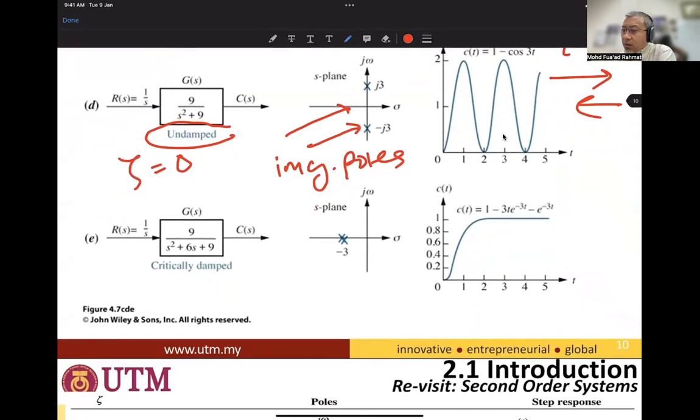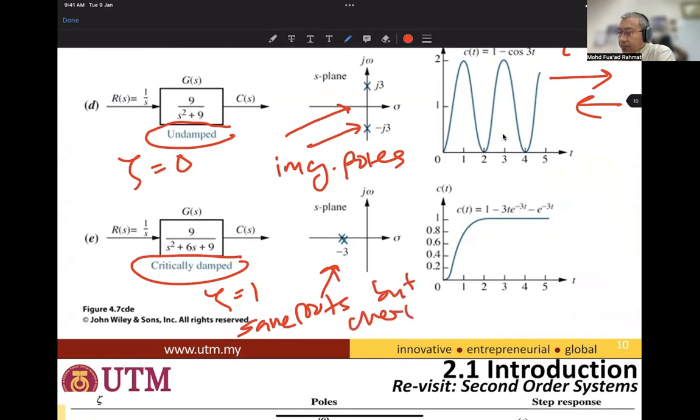And then critically damped is when zeta is equal to 1 and the roots are the same roots, overlapping each other.